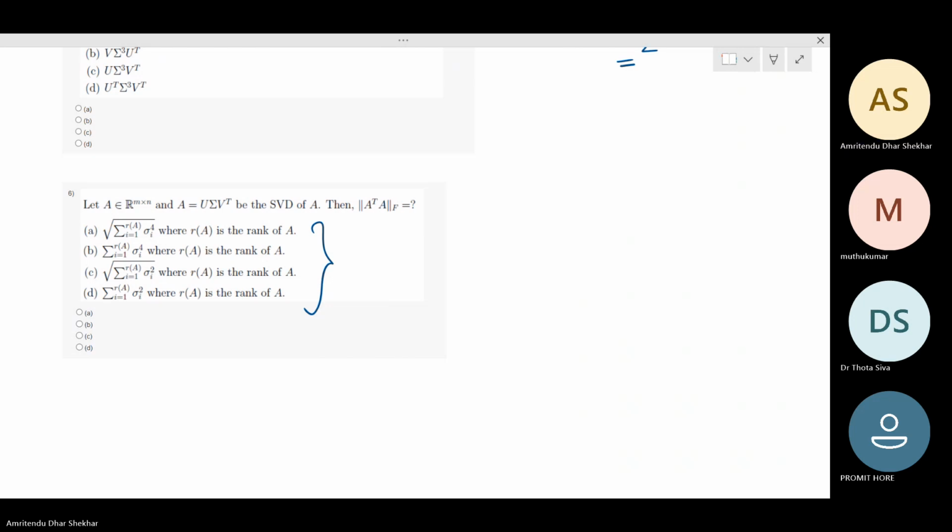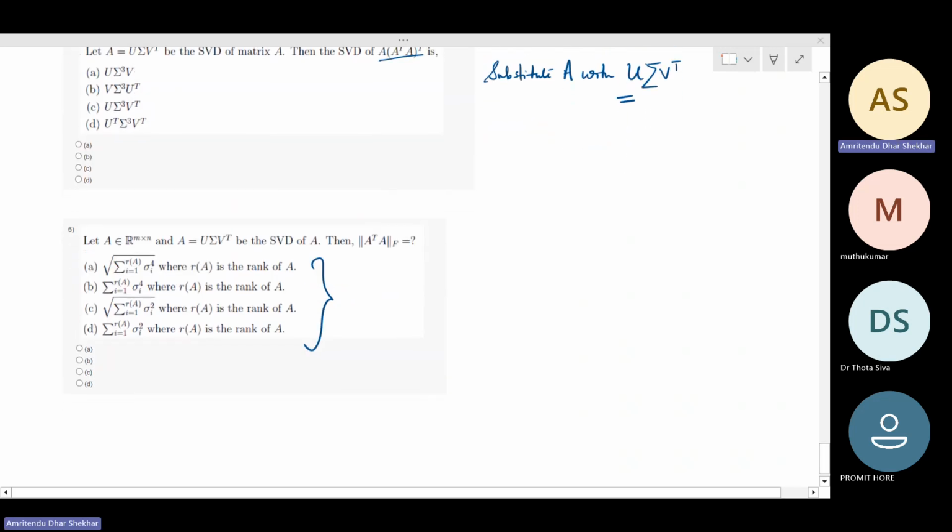But this is just one thing: the singular values are the positive square roots of the eigenvalues. You have to be careful with that one because of the way we wrote this.